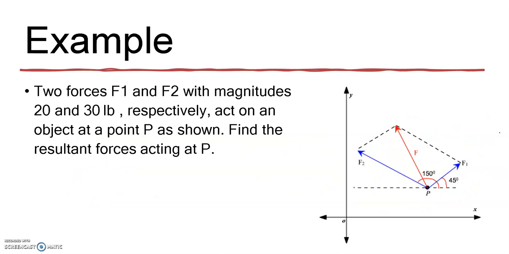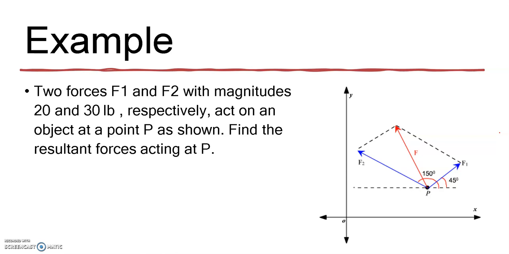Next one, example 2. I will stop the video for now and leave this as an assignment to you, and I will provide a YouTube video on how to solve this problem. The problem states that two forces F1 and F2 with magnitudes 20 and 30 pounds respectively act on an object at a point P as shown.